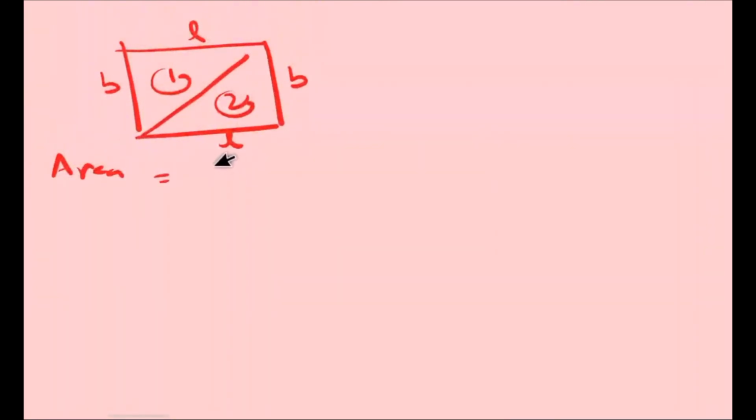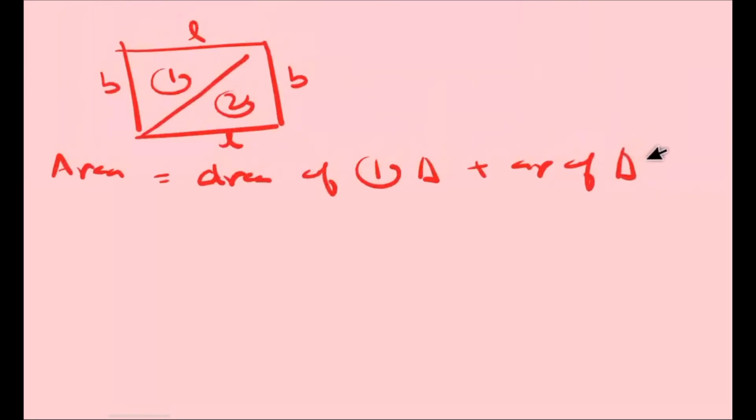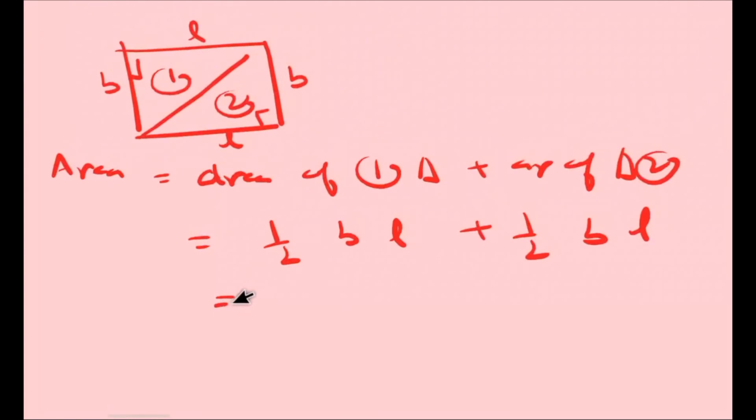Area equal to area of first triangle plus area of second triangle, right? Half into base into height. Where is the height? You can see L. Similarly, half into base into height. This is L. So this one is total 2 into half into B into L. 2 is cancelled, therefore we are getting L into breadth.